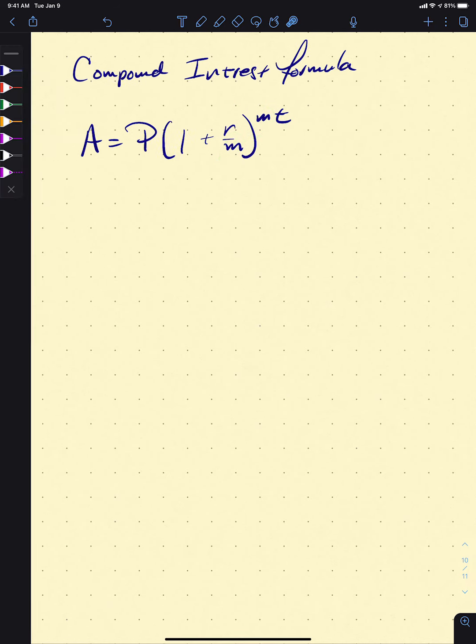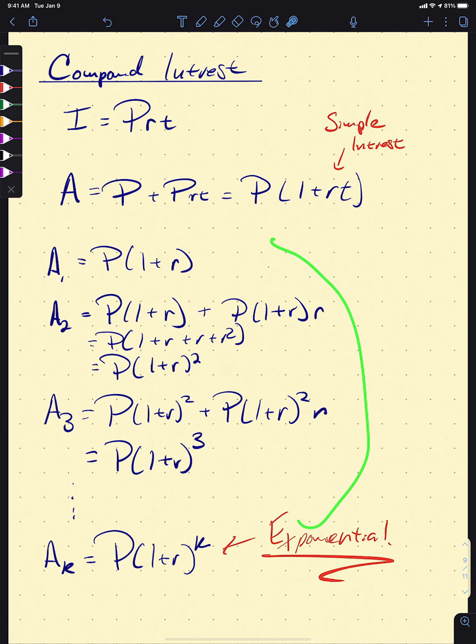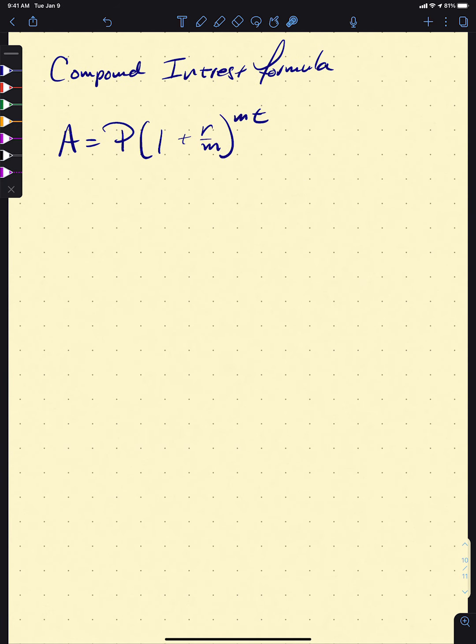And that's based on the fact that we assumed here that you're compounding annually. If you compound more often, take that interest and add it to your principal more often, well then the rate that it's growing by, where R is our yearly rate, is slower, but the exponent is higher. Okay, and we'll look at some of the intricacies of that in just a second.